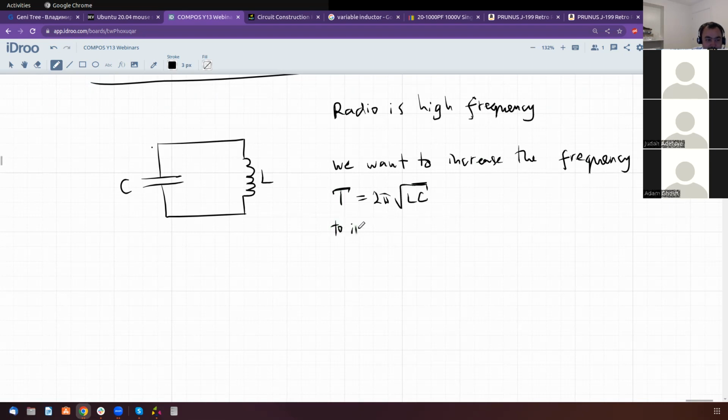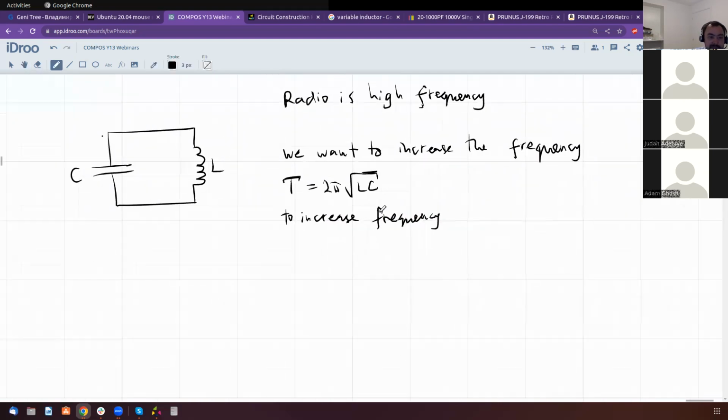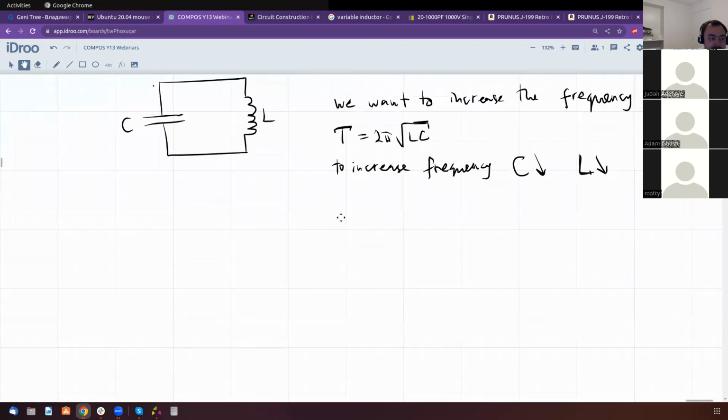So to increase frequency, the capacitance has to go up or down. Capacitance must go down, and inductance must go down too. Very good. So the capacitance must go down, inductance must go down.